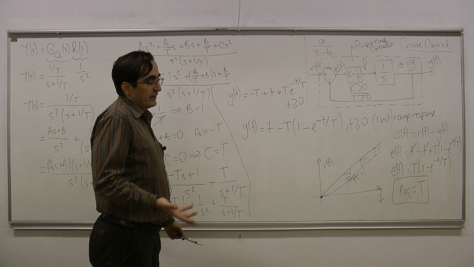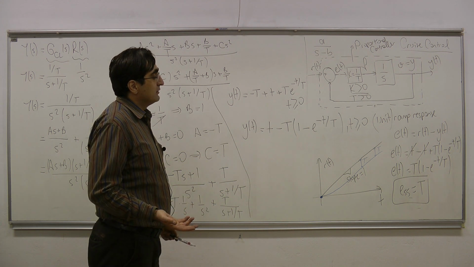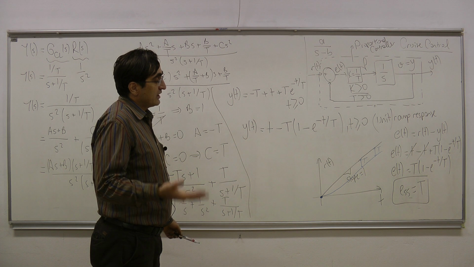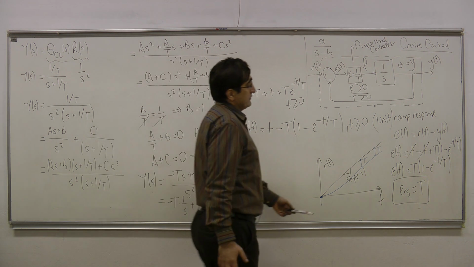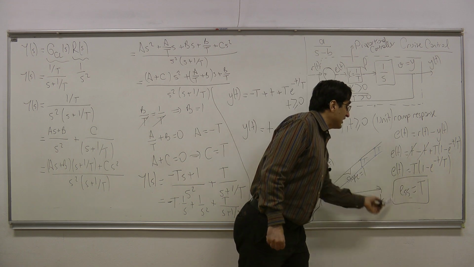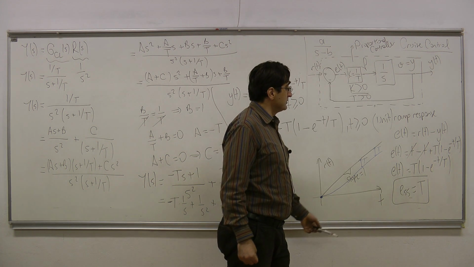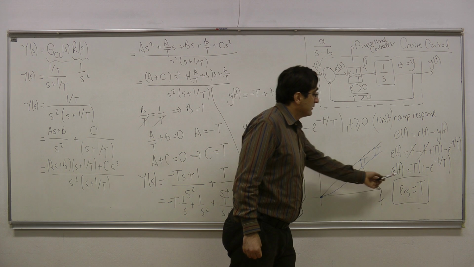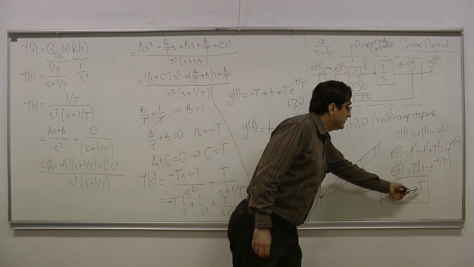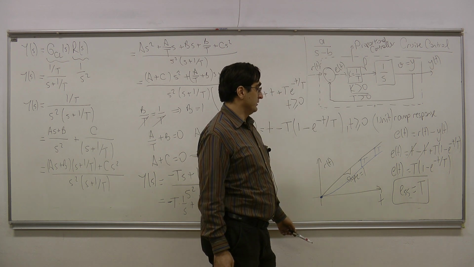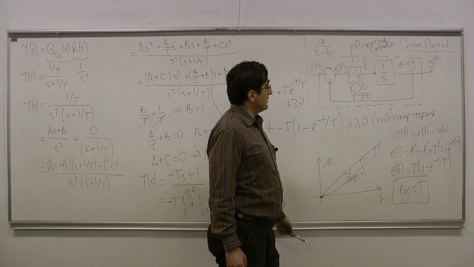So a system can have a zero steady state error for some inputs, and for some inputs it might have non-zero steady state error. Then this is determining the steady state performance of this control system for unit ramp input. And if we wanted to have a better performance, we would need to make capital T smaller. What about the transient performance?